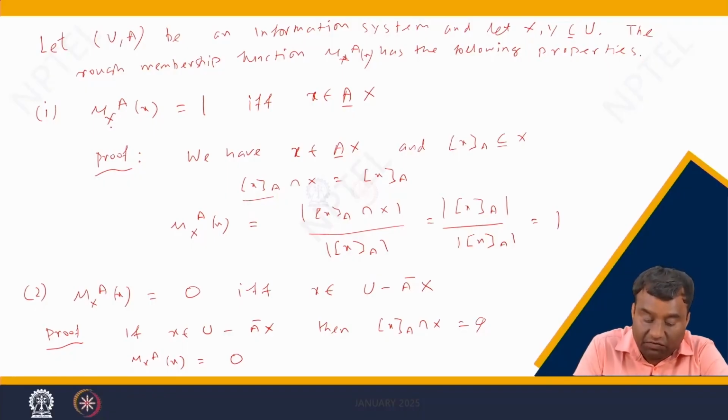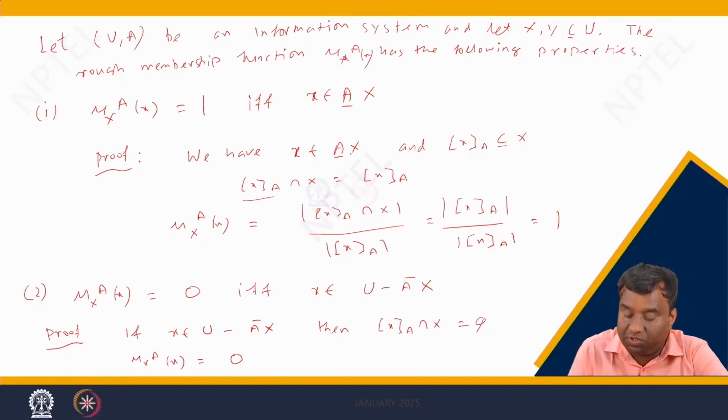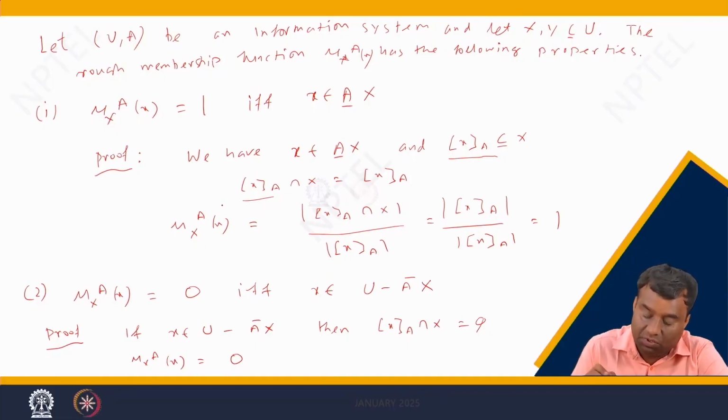First one is that the value of mu X A of x equals 1 if and only if x belongs to the lower approximation. For this case, the equivalence class is completely a subset of the target set. So Xa intersection X is Xa. In this way, you will get the value 1.